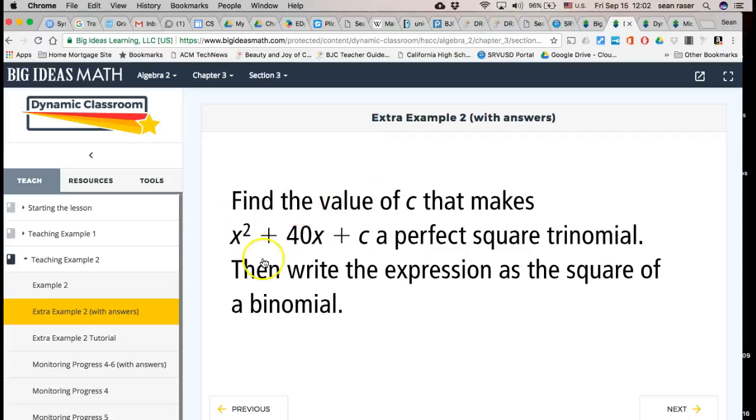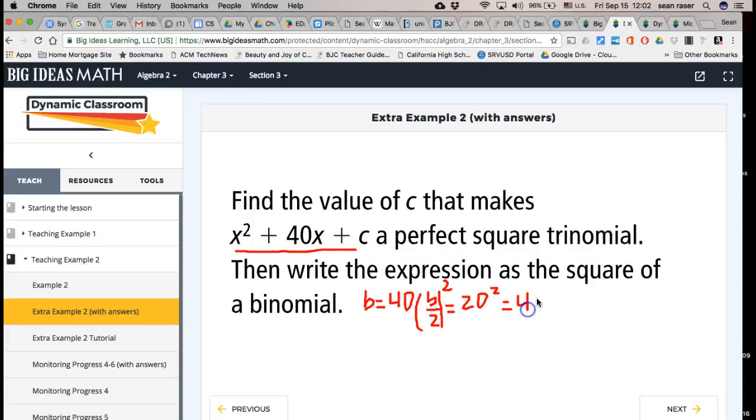Here's another one. Find the value of c that makes x squared plus 40x plus c a perfect square trinomial. Again, we see that our b value is 40. If we take b over 2, that's 40 over 2, which gives us 20. To square that, we get 20 squared, which is 400.